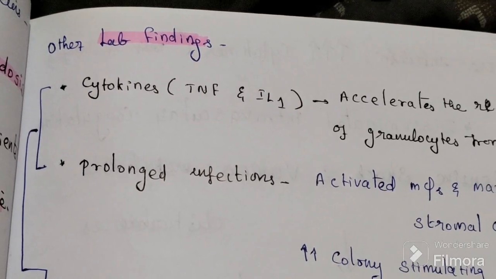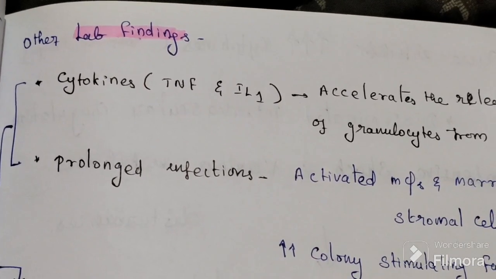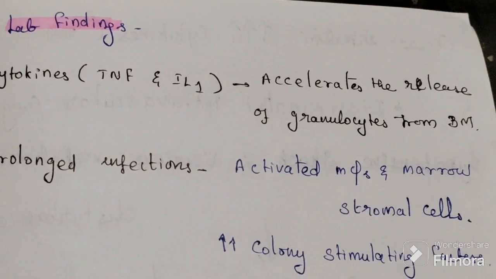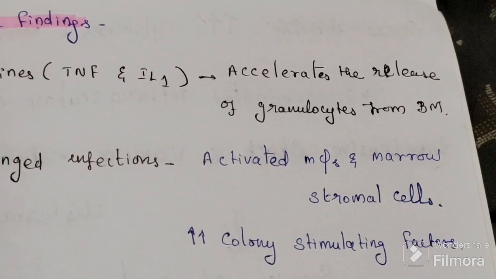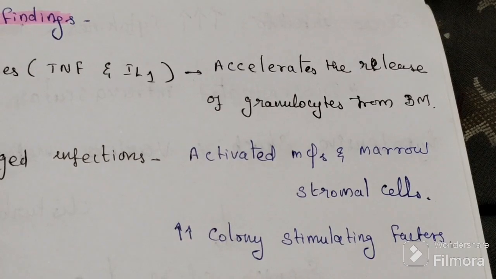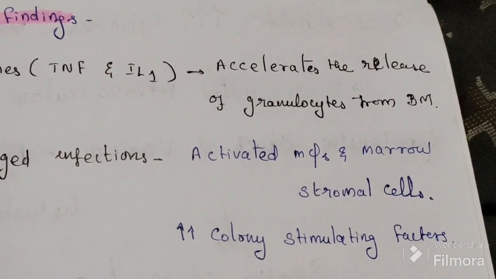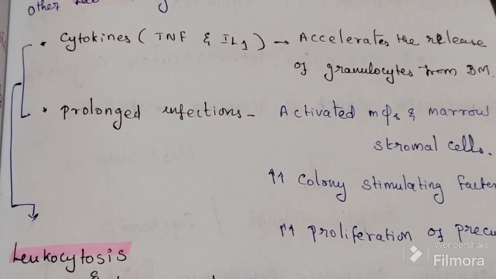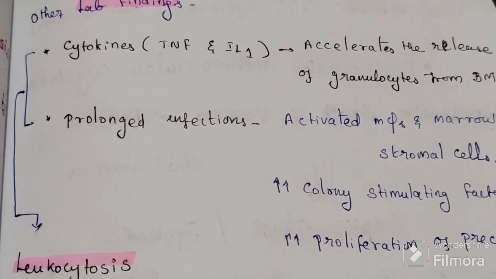The cytokines like tumor necrosis factor and interleukin 1 accelerate the release of granulocytes from bone marrow, which can result in leukocytosis.